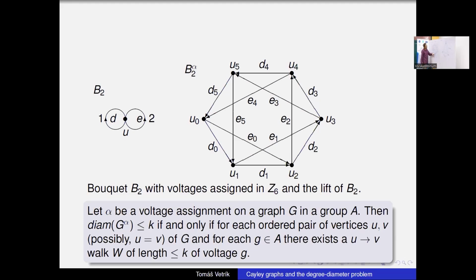So it's not only having one walk of length 3, it's having one walk of length 3 for every element of the group. There will be many edges, and we must come there using any element. Okay, we are done with the lifts. We are coming to the next part, in case there is time.